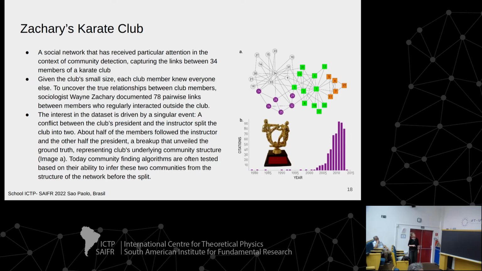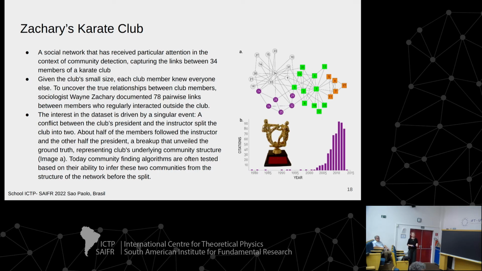And to uncover the true relationships between the club members, the sociologist Zachary documented 78 pairwise links between these members, those who regularly interact outside the club, okay? So everybody knows everyone. The interest in this data set is given by one singular event, a conflict.